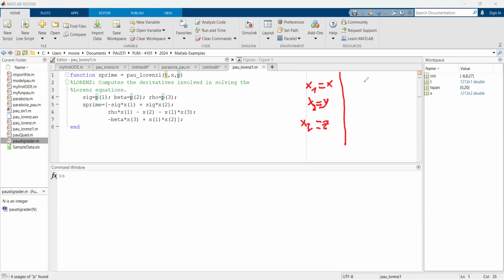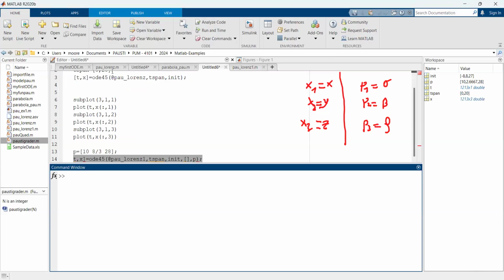So similarly, P1 is equal to sigma, P2 is equal to beta, and P3 is equal to rho. Okay, so now we can rewrite the equations with this idea that P1 is sigma, P2 is beta, P3 is rho. And then we are able to call our function with the parameters.